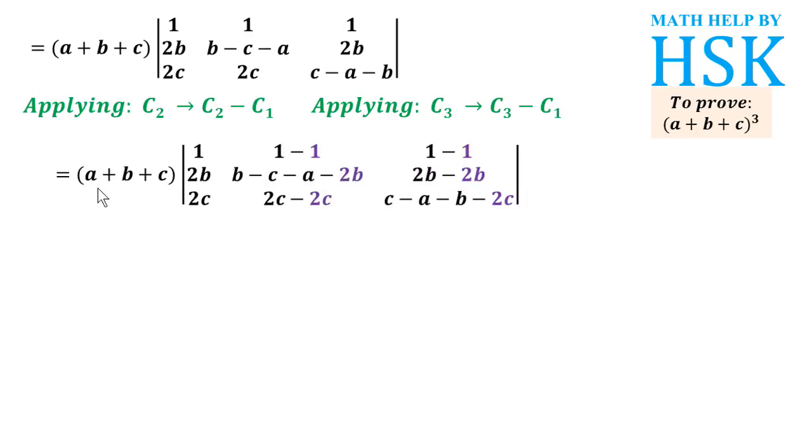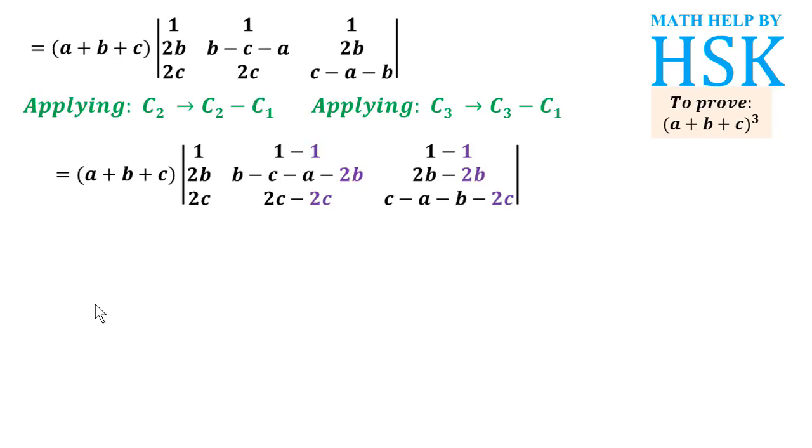I am going to get (a+b+c) times the determinant, the first row, first column as it is, 1-1, b+c-a-2b, and 2c-2c, and 1-1, 2b-2b, c+a-b-2c.